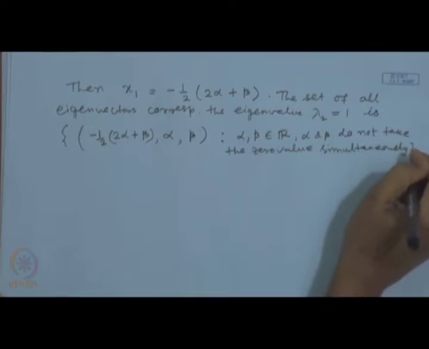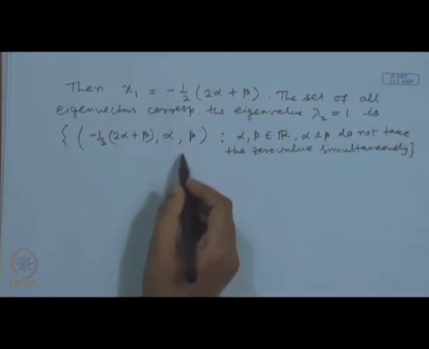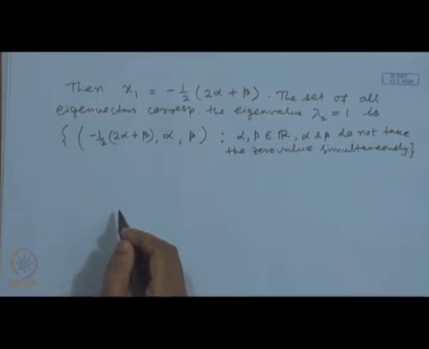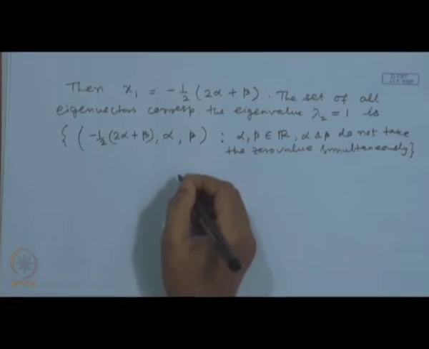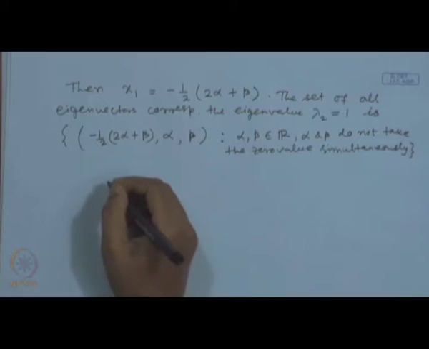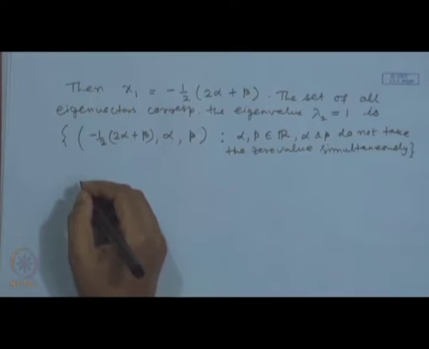Otherwise, this vector will be a 0 vector and that cannot be an eigenvector. So, this is how we find eigenvalues and eigenvectors of matrices.